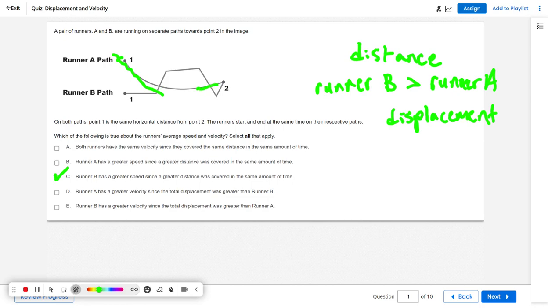Whereas with runner two, you have this big positive slope, and then this even bigger negative slope, and it kind of cancels each other out. Or better yet, you could just say the smoother curve allows for a greater displacement. And that's what we have here.